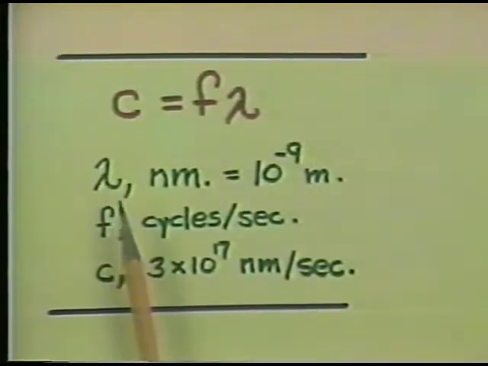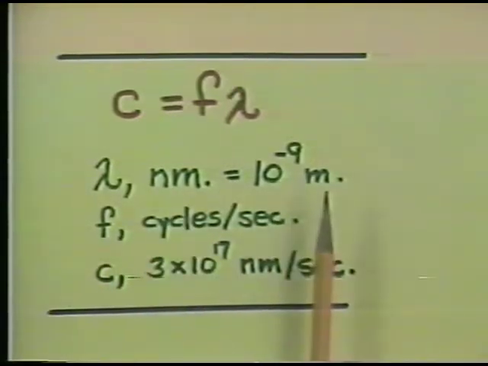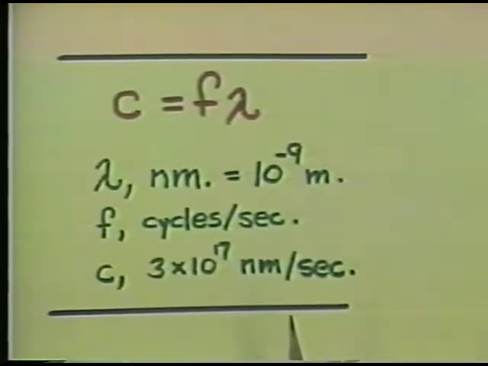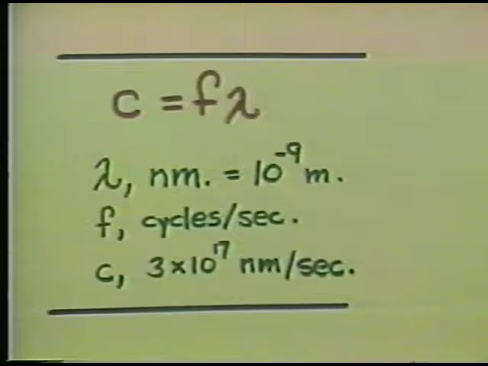And again here, if we specify the units of wavelength in nanometers, or 10 to the minus 9 meters, frequency in terms of cycles per second, then the velocity of light in a vacuum in the same units is 3 times 10 to the 17th nanometers per second. So this shows the inverse relationship between frequency and wavelength, as long as we're talking about materials in a vacuum.